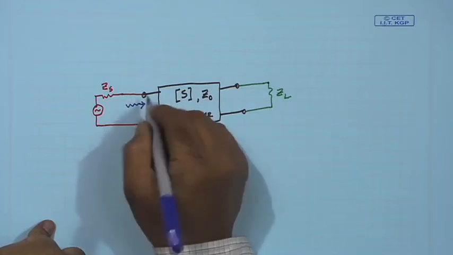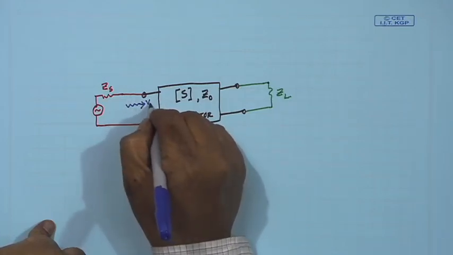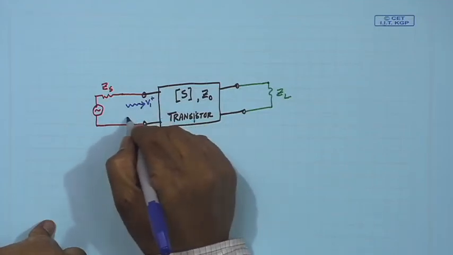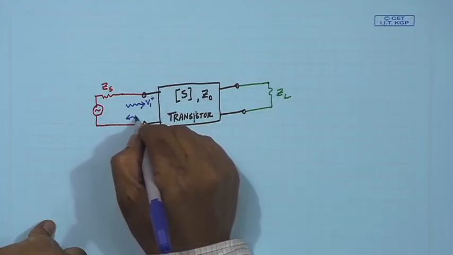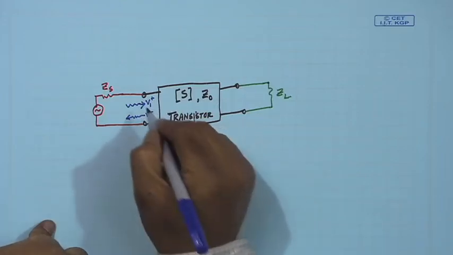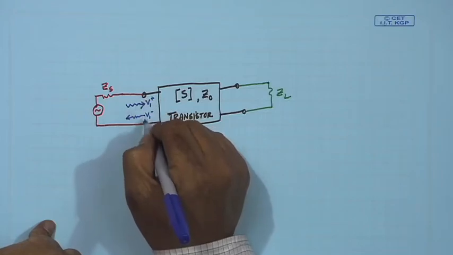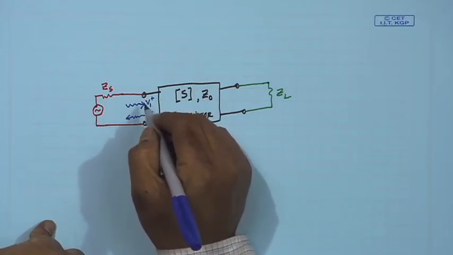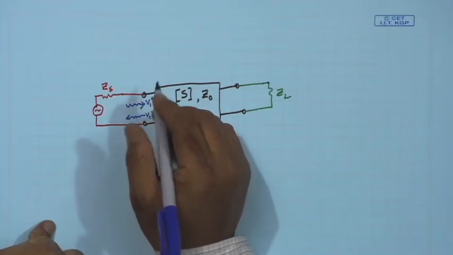So, we have an incident voltage wave going through here that we call V1 plus. Also, depending on the mismatch, there will be a V1 minus here, and the sum of these at port 1, V1 plus plus V1 minus, we will call V1.